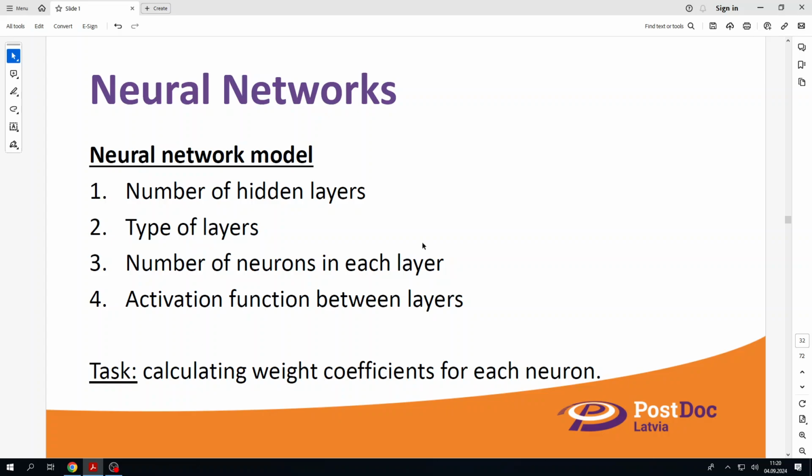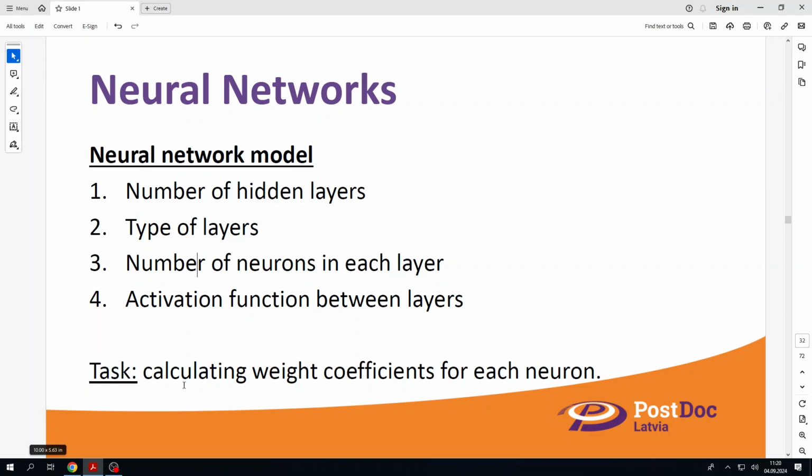But, of course, if you make something very custom and very specialized, and you need to have, let's say, the first two neurons having sigmoid, and the last neuron having, let's say, I don't know, rectified linear unit or tangent function, it is possible, but you will have to make such a model yourself then.